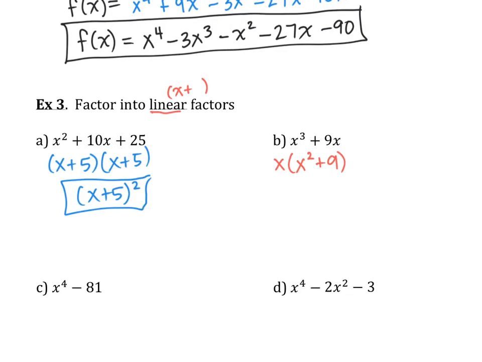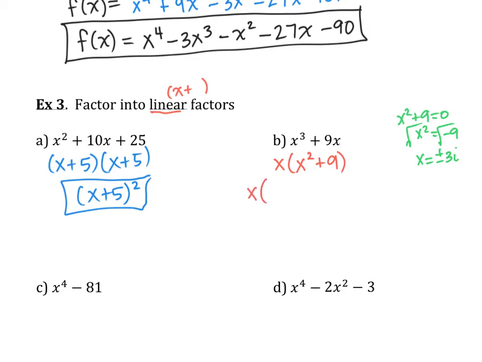Say I set that equal to 0. x squared plus 9 equals 0, and I solve it. x squared equals negative 9. I square root both sides, and I would get x equals plus or minus 3i. So I'm going to use my zeros to go back and write my factors. I'm going to keep the x on the outside.